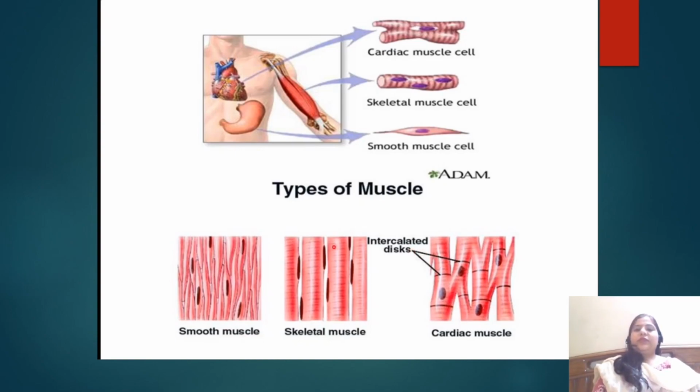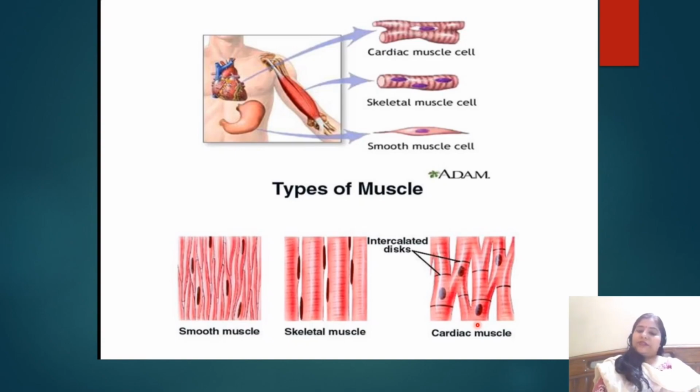Fine. So this is the structure of the muscles, and these diagrams are asked. So you have to draw and practice the diagram of the muscle fiber and the difference between the three types of muscle fiber: smooth muscle, skeletal muscle, and cardiac muscle, or you can write them as unstriated muscles, striated muscles, and cardiac muscle.